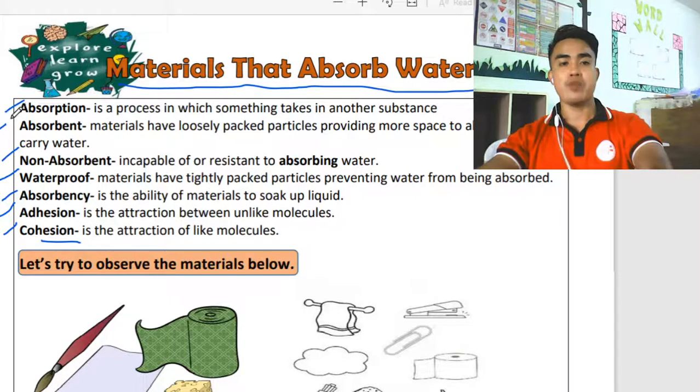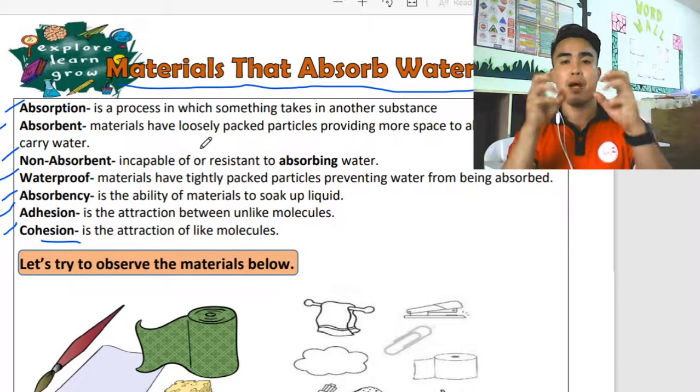Now, when we say absorption, kids, this is a process in which something takes in another substance. For example, cloth or cotton will absorb water. And then next, absorbent. When we say absorbent, they are the materials that have loosely packed particles.